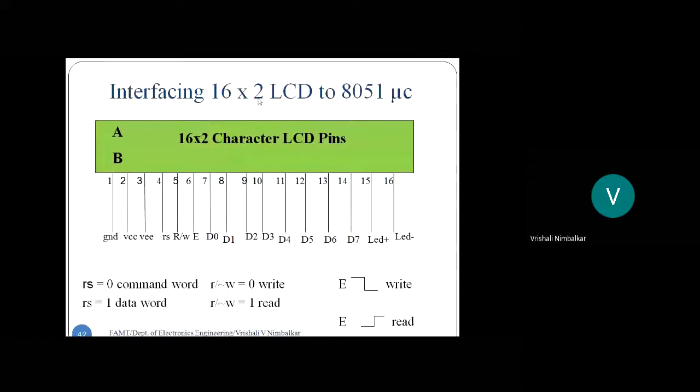So that's how it is referred. What is the size of an LCD, right? The first two numbers tell you the size of the LCD. So when I say 16 cross 2 LCD, it means that LCD can display 16 characters and such 2 rows. So I can have a first row of 16 characters and a second row also of 16 characters. This is the meaning of 16 cross 2.